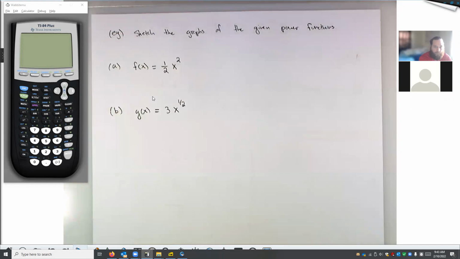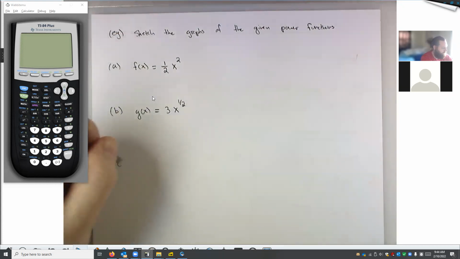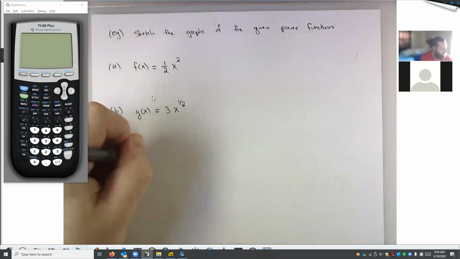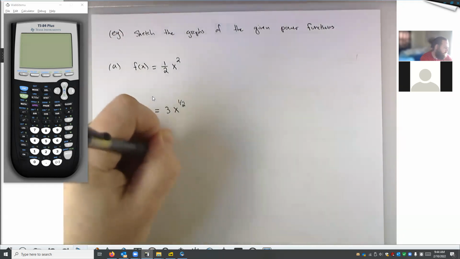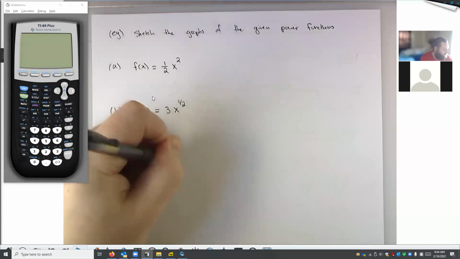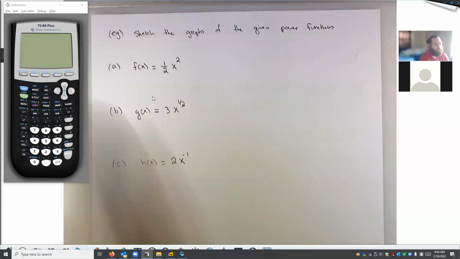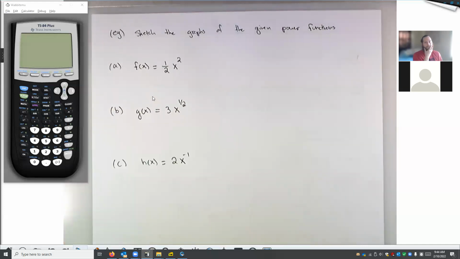X to the 1/2. Here the constant out front is 3, and the power p is 1/2. And then how about 2x to the -1? Okay.